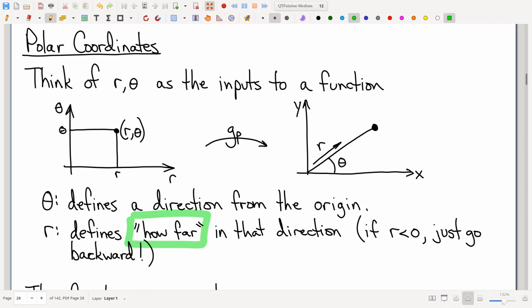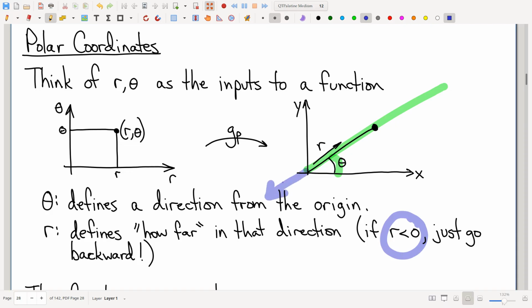And if you've got a theta, thus defining a direction, and if somebody gives you a negative value of r, well then you just, I think pretty naturally, go the other direction. Go backwards. So pretty reasonable interpretation and perfectly allowed. Okay, so be aware of this awkwardness. We are going to use negative values of r here and there.